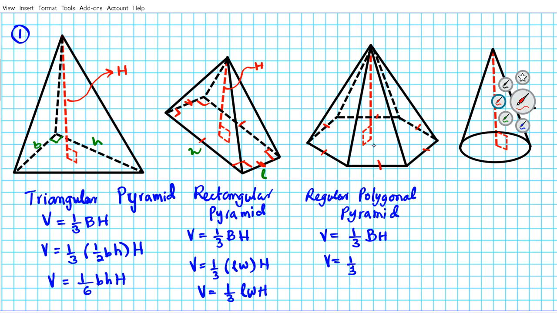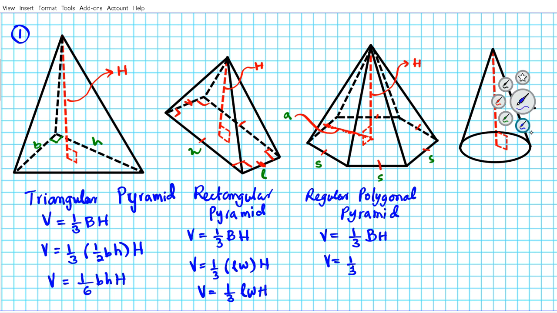It's basically going from the center to the midpoint of one of the sides, so right there, this segment right here, that's your apothem A. All right, and then since it's a regular polygon, all the sides are the same, so we can call this S, S, S. There are going to be n number of S's around. And then the height of our regular polygonal pyramid is big H.